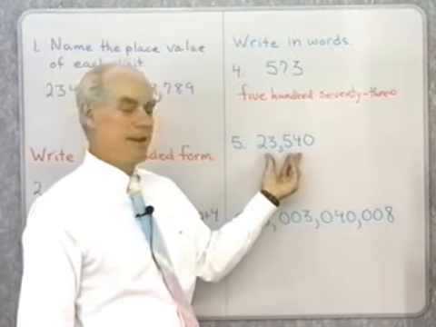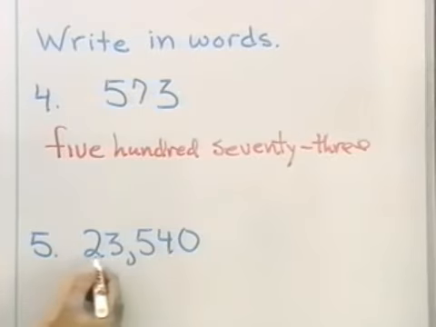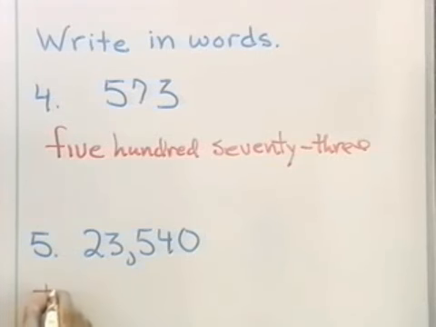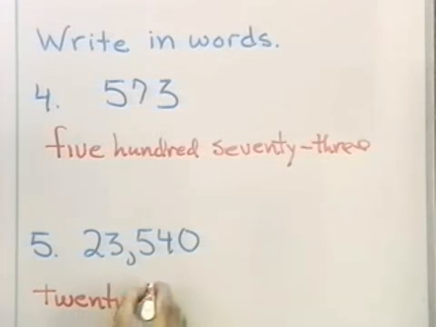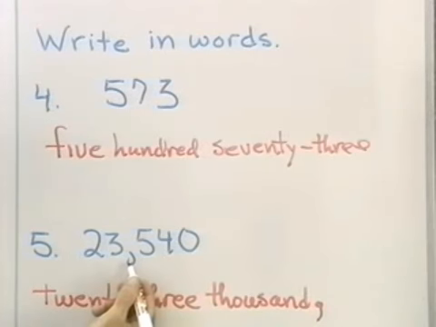Now, our next number is 23,540. Let's write that not in expanded form, but in words. I have 23,000, so I'm going to say twenty-three thousand, with a hyphen between twenty and three. And then I put a comma in the number written in words in the same position that the comma is in the number written with digits.